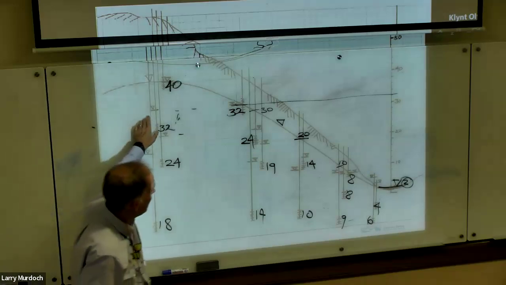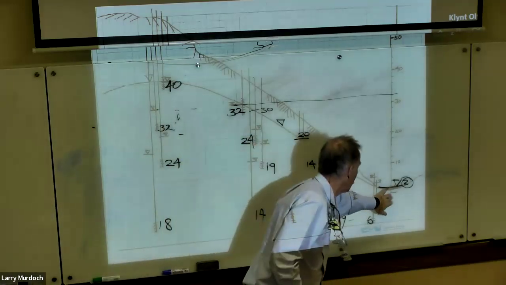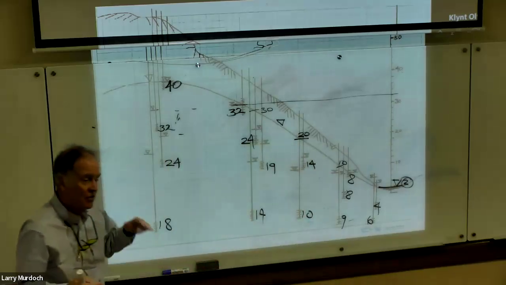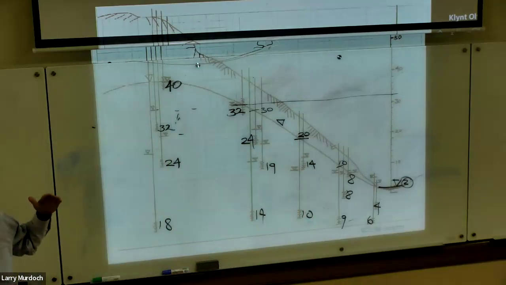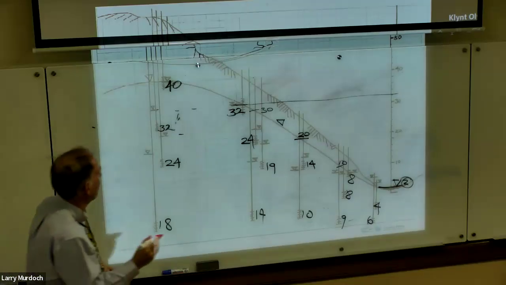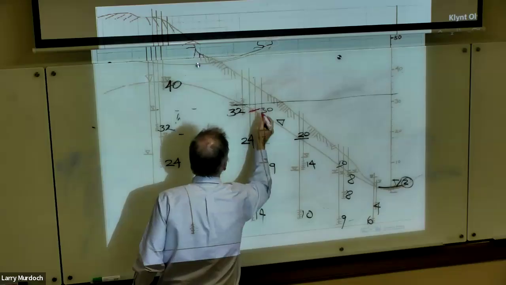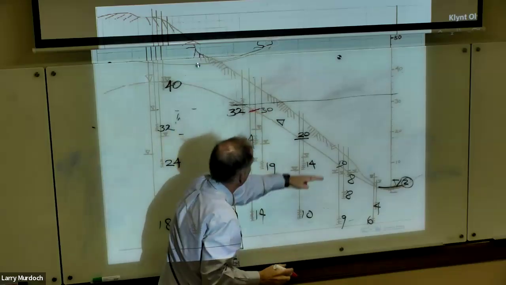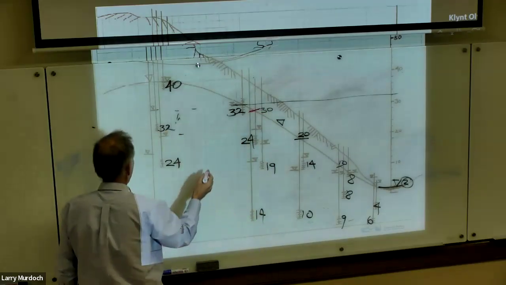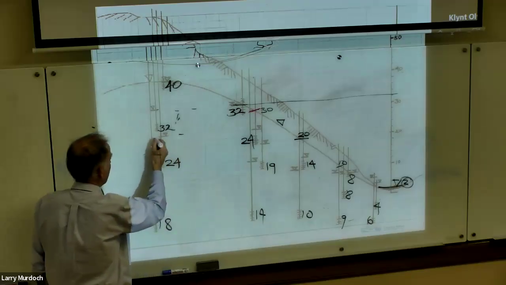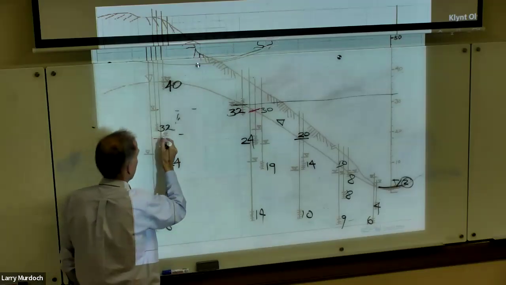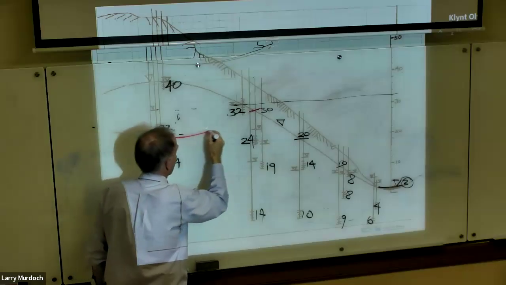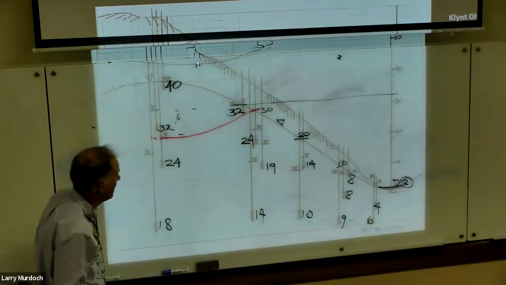So we've got 40 going down to around 0. Let's just do every 10 first, and then we'll probably want to split it. So 30 is going to start here. They'll all start at the water table, and then it's going to come through here. It would be like that.